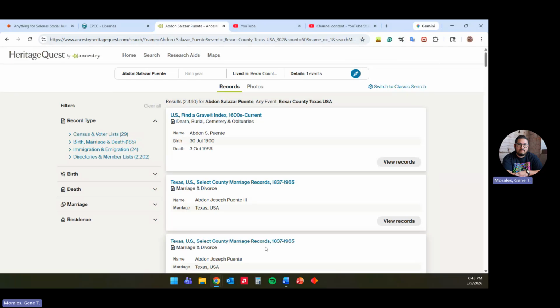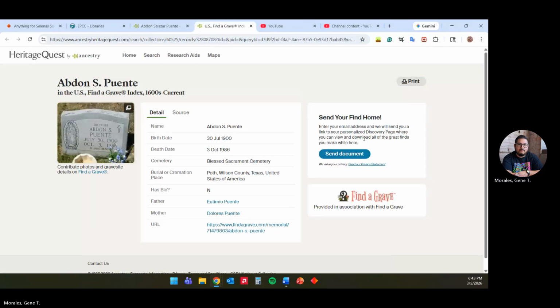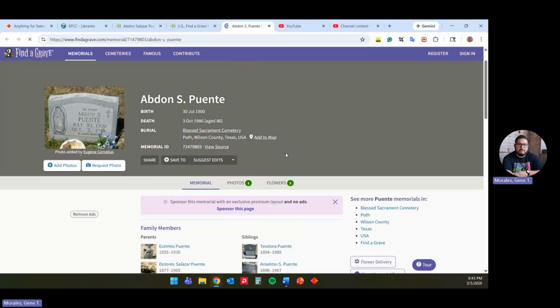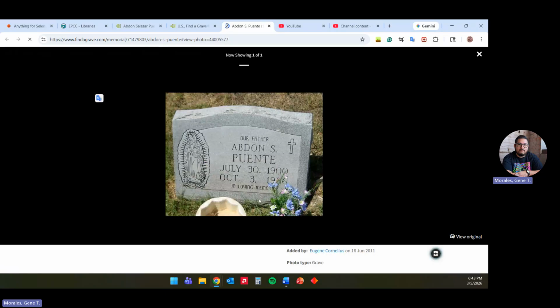Actually, we're going to find some pretty interesting things too, because instantly when we start looking at him, we're going to find this record right here. So we're just going to view these records, and it's really his gravesite. And it's a very interesting place because he's buried outside of San Antonio with the rest of his family. This is in Wilson County, Texas, and it actually has his birthday, and it actually has his death day, right?